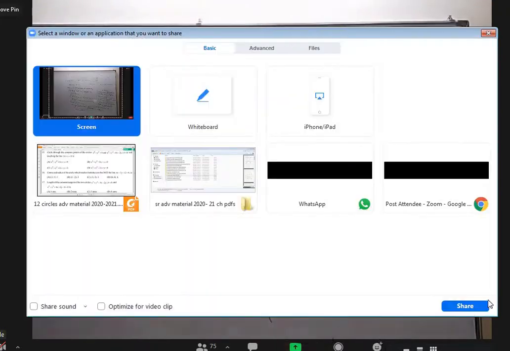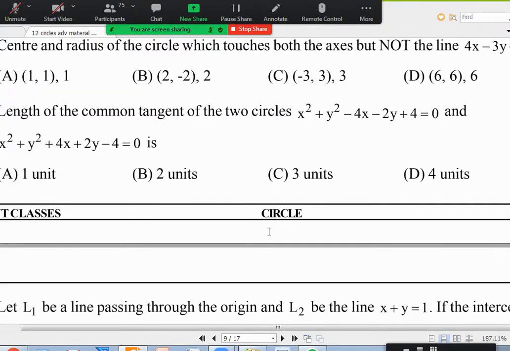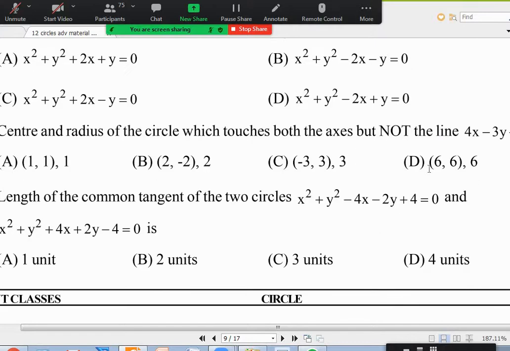Okay, anybody still any doubt regarding 15th question? Sir, yes, please explain again. What we have done is very simple. The question is, there are two circles, they have two common points. They want a circle passing through these two common points and also touching this line.